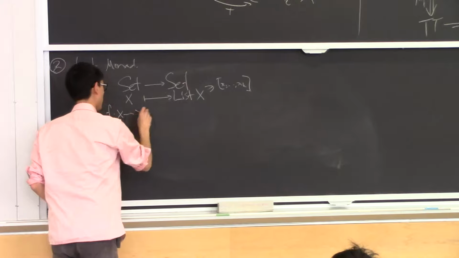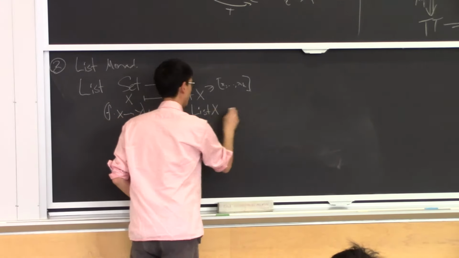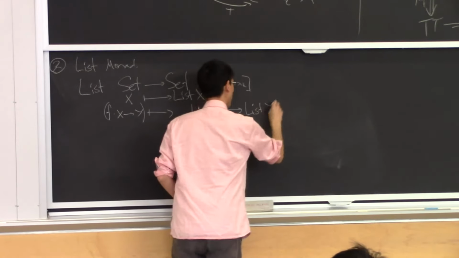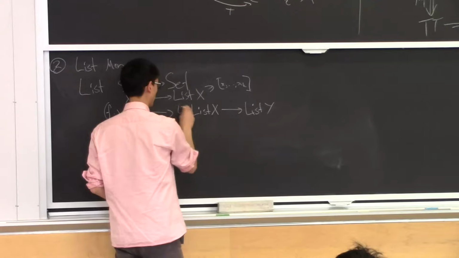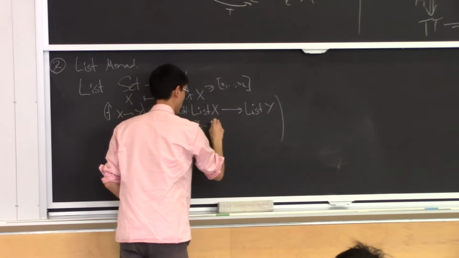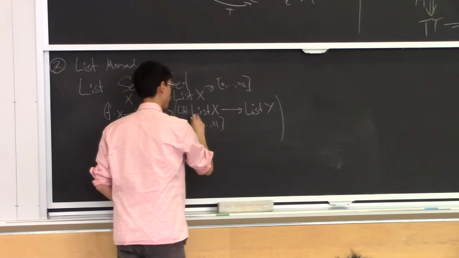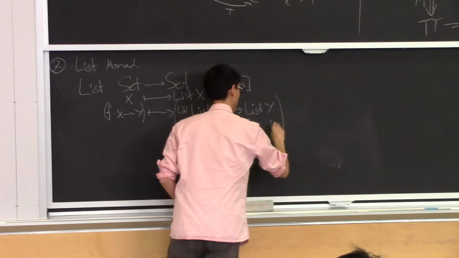How is this a functor? We've seen this functor before, but to remind you, given an f from x to y, we can define a map I'm going to call list f from list x to list y by, if we have one of these elements, we can apply it pointwise, right? So this maps to f of x1 to f of xk.